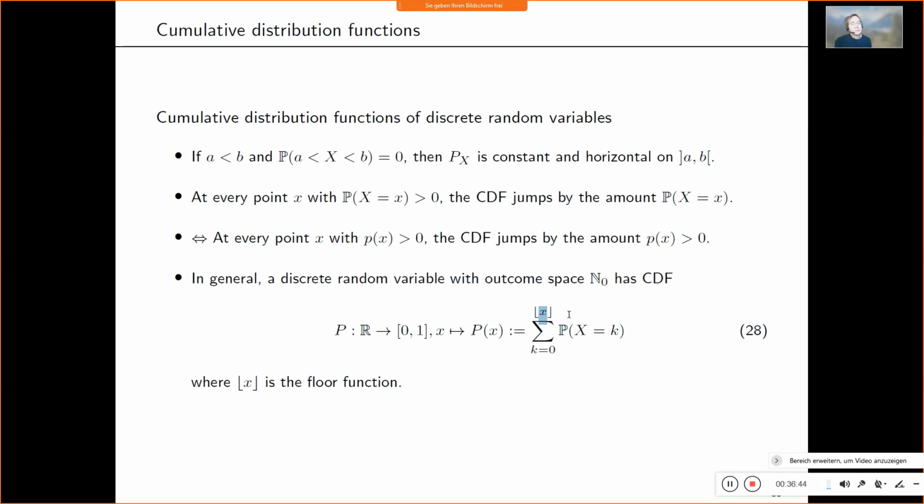The point of this, and this is maybe more important than the technical definition, is that the CDF of a discrete random variable is defined for all real numbers, but only changes at locations where the random variable actually takes on values with non-zero probability.